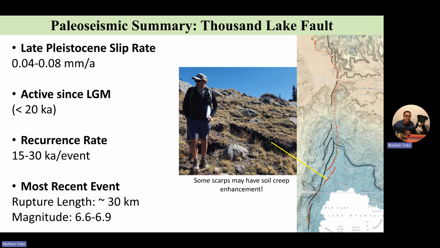But that's just one thing we recently noticed. It would be interesting to look at historical imagery, try to look for some more evidence of recent creep and the magnitude of displacement from those sorts of creep events along these escarpments.